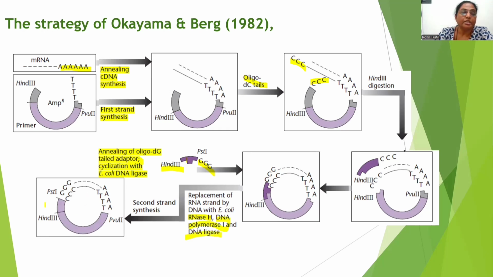In this way the cDNA is synthesized over the vector and at the same time cloned into a vector molecule.